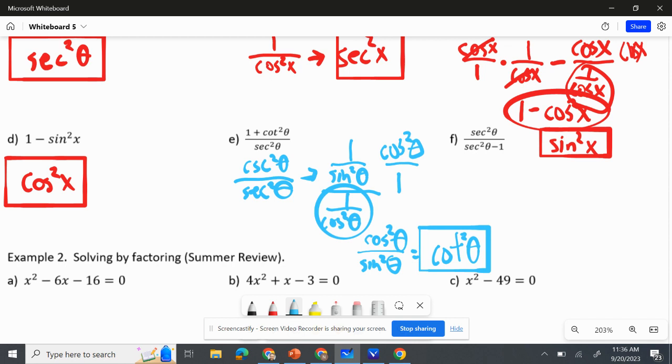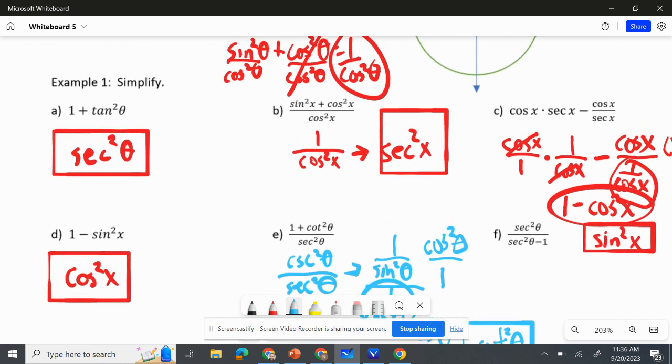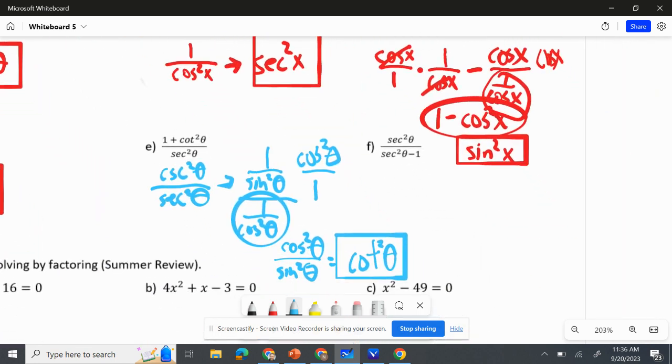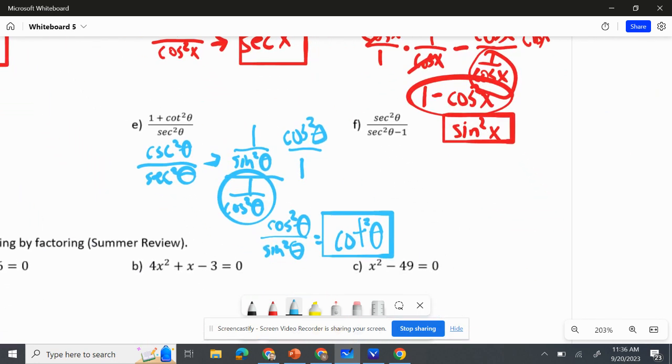Now for the next one, what we have is secant squared minus 1. If we look at this, what we're doing is adjusting it. Notice that our bottom equation has the secant squared. If we were to bring over the 1, we would subtract it, and so that means it's equal to tangent squared. So we have the secant squared theta over the tangent squared theta.